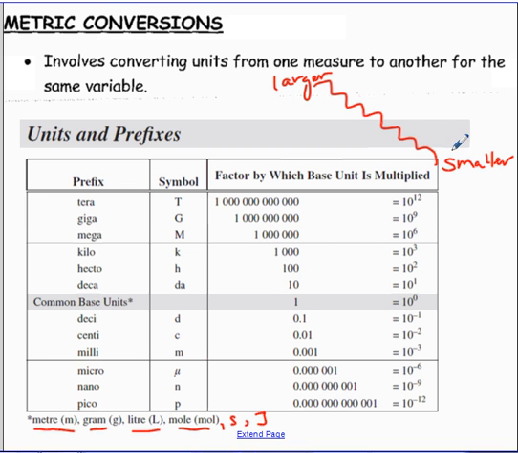If I'm converting from a smaller unit to a larger unit, it's like we're going up the staircase. We're also moving in this direction to the left. This is the direction we're going to move the decimal place. If I'm converting from larger to smaller units, we're going down the staircase. We're going to move our decimal to the right.